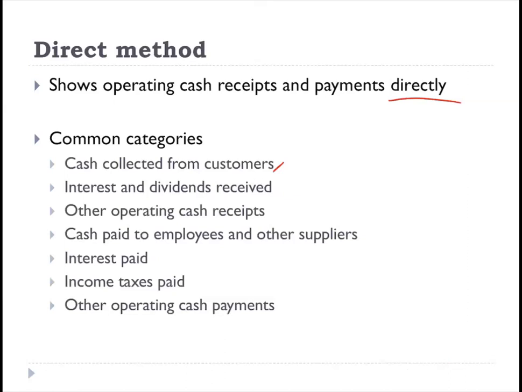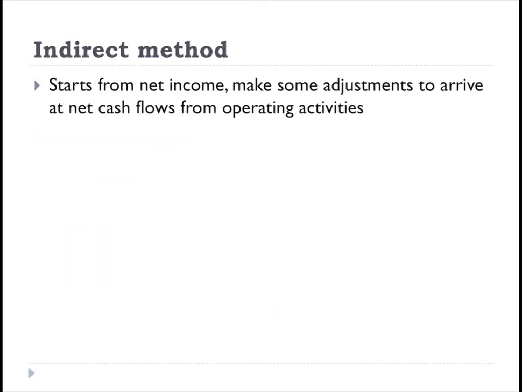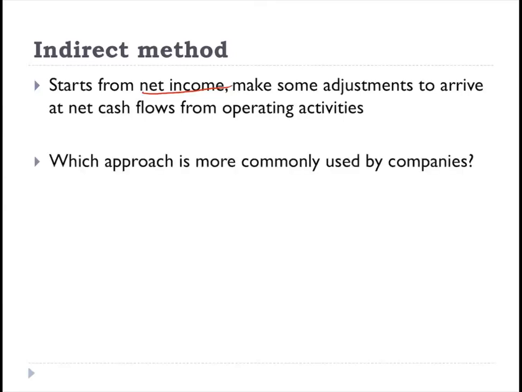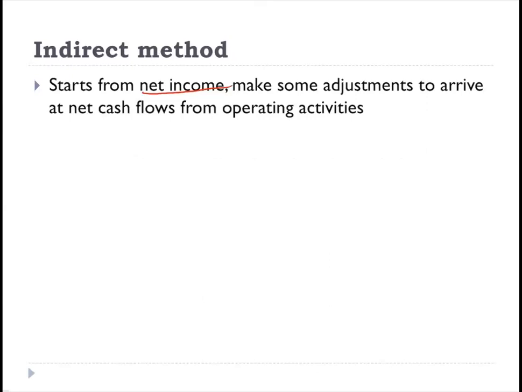It may collect cash by getting interest and dividends received, other operating cash receipts, cash paid to employees, other suppliers, pay interest, pay tax, and other operating cash payments. Versus the indirect method, we usually start from the firm's net income, and we make some adjustments to arrive at net cash flow from operating activities. And what kind of adjustments are we going to make? We're going to talk about it shortly.